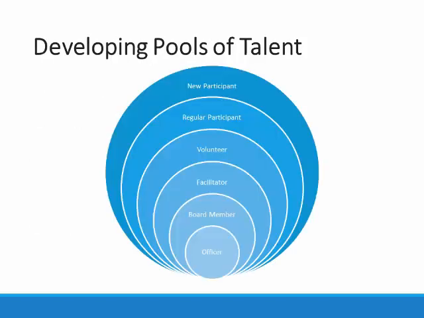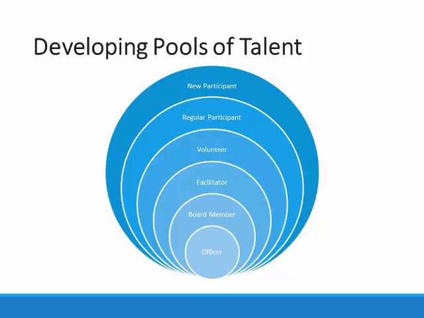I think it's also important to identify where engagement is weak so that you can focus your energies where it is needed most. This diagram is an example of how a chapter could grow its leaders. Officers come from board members who come from facilitators, who come from volunteers, who come from regular participants, who at some point was a new participant.